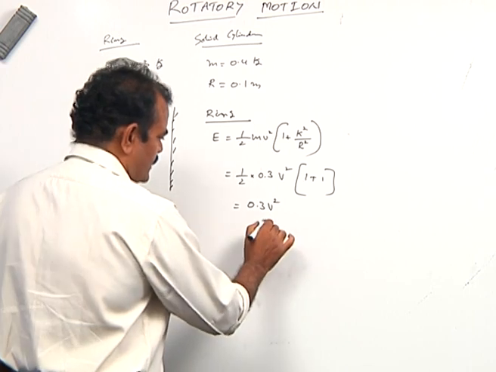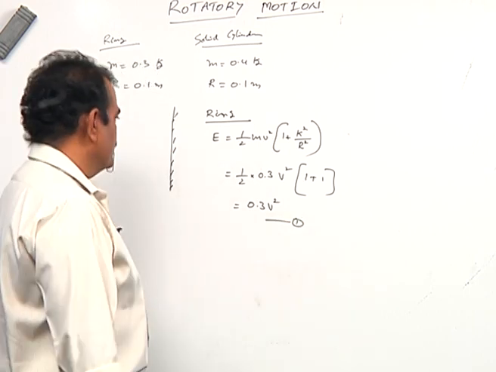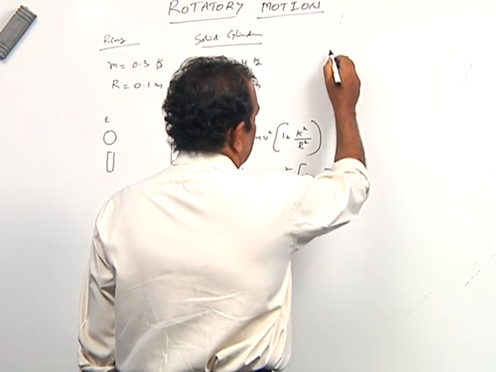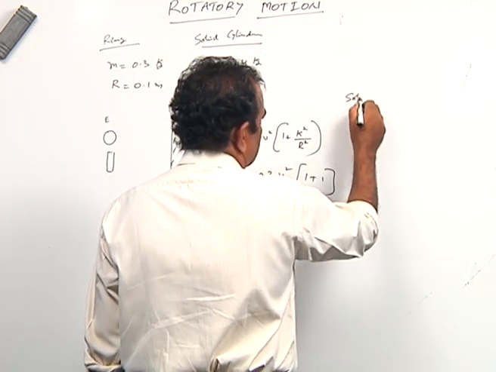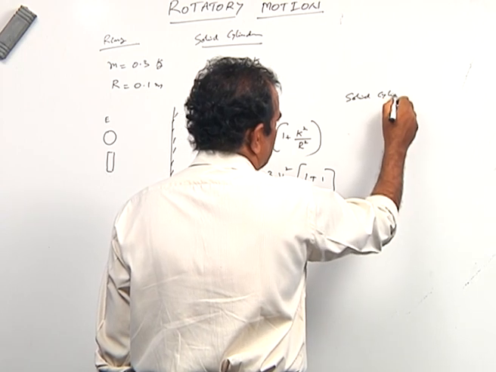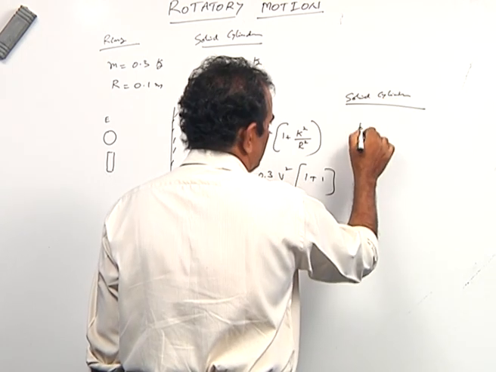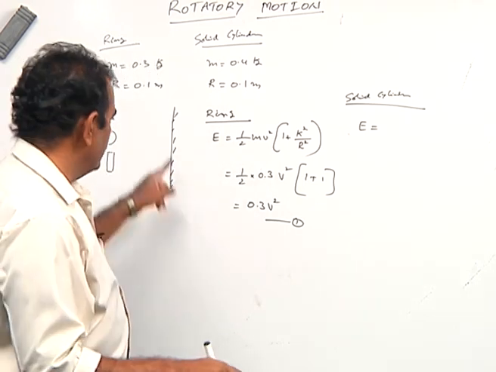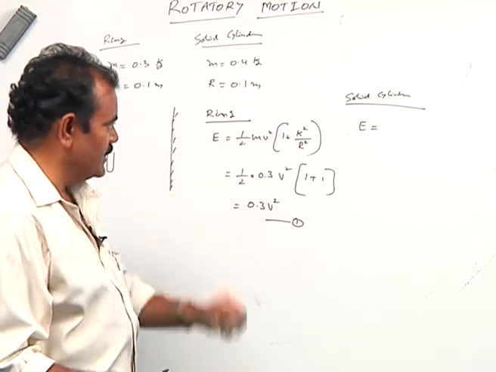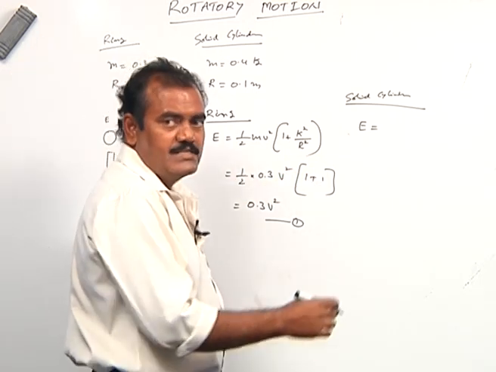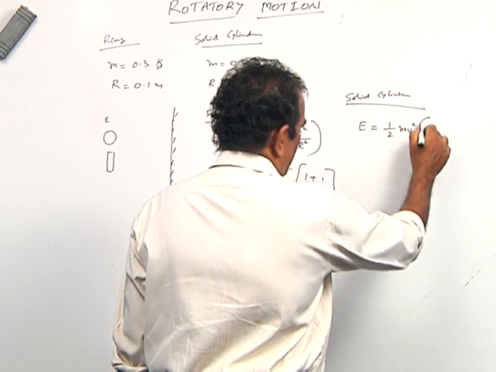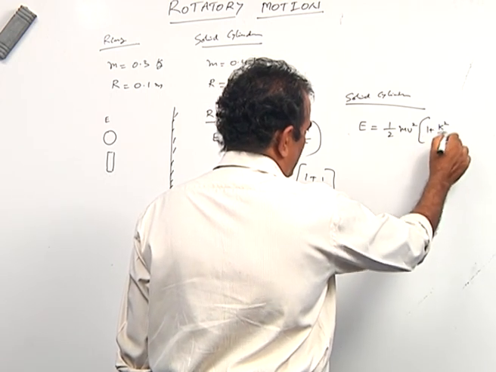So this is the first equation. Next, we are coming to the solid cylinder. Because both have the same energy, even on reaching the wall they will have the same kinetic energy. So E is equal to half mv square into 1 plus k square by r square.